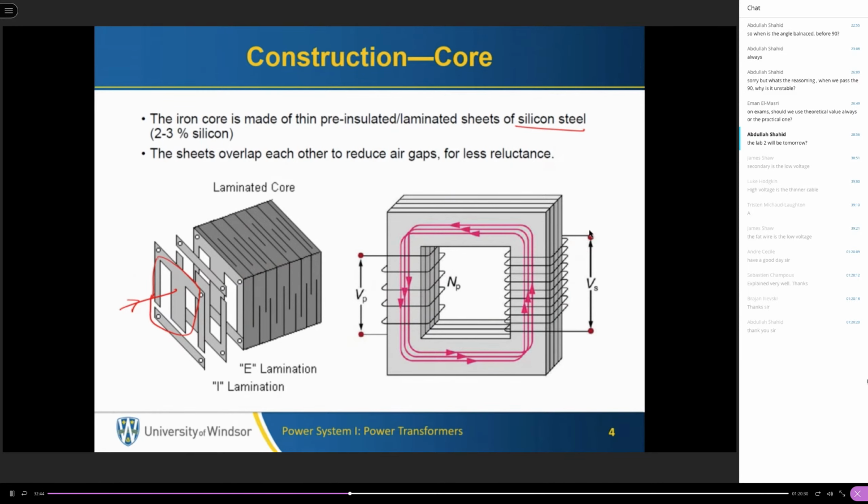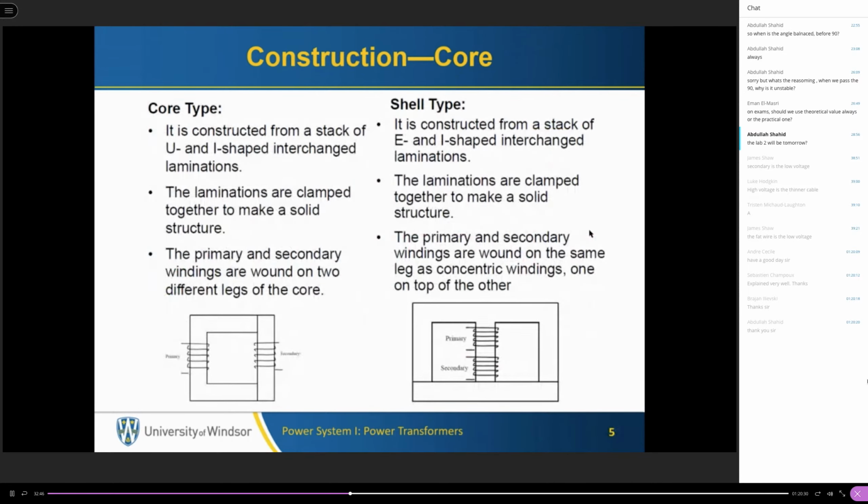Okay. If we look at the core, we can have different types. We can have the core type. This core type, as shown in this figure, is constructed from a stack of U and I-shaped interchanged laminations. Okay.